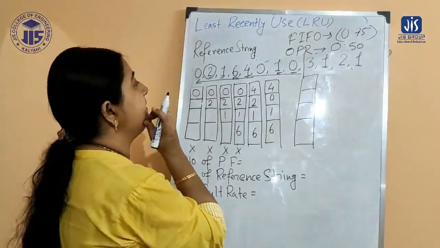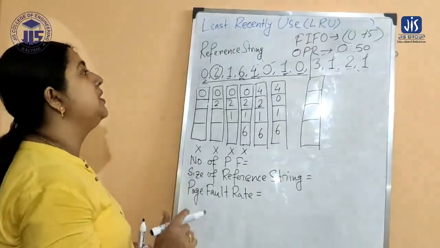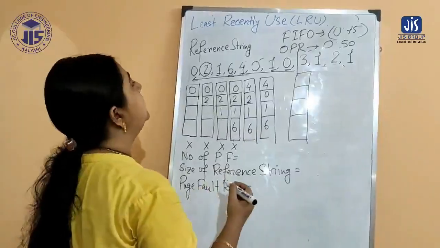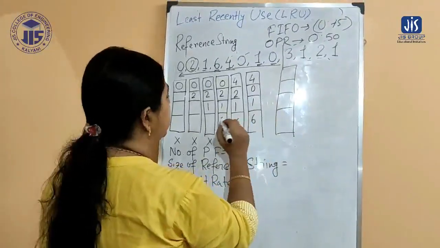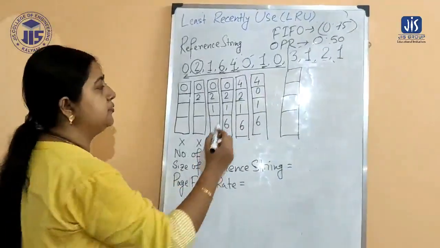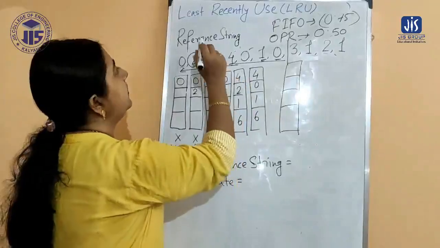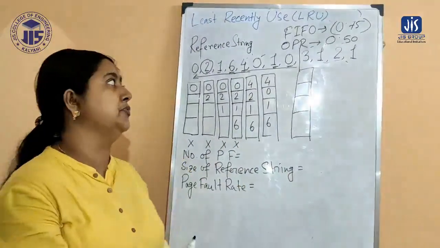Now this is basically the difference between FIFO and LRU. If we are following the FIFO algorithm, then obviously I am going to replace 1 instead of 6 because 1 came first. But we are actually applying LRU where I am going to use the least recently used.